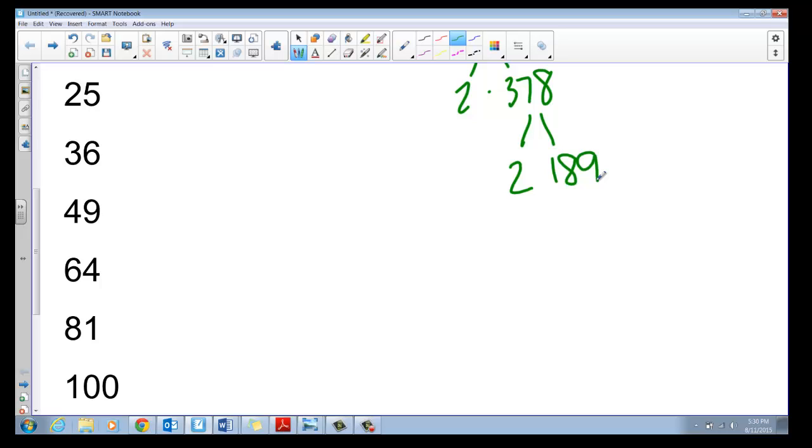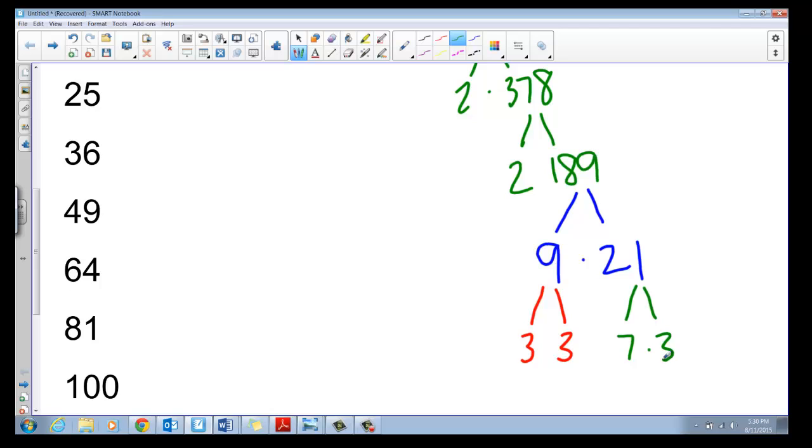So let's just try a guess. All right, since it ends in a 9, I just tried a 9 and it ended up working out. I divided by 9. I got 9 times 21. All right, we know that 9 can break into 3 and 3 because the square root of 9 is 3. We know that 21 from previously is 7 times 3.